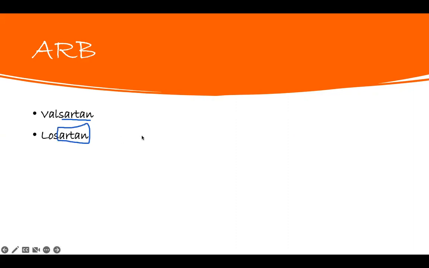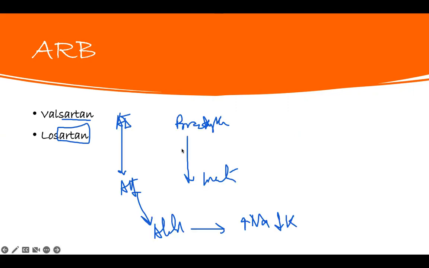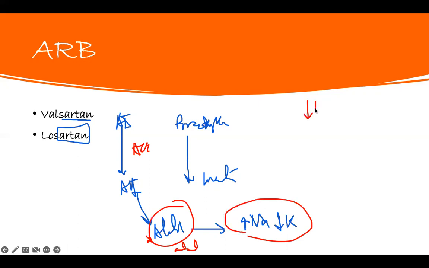And if they're going to ask you this question, it will be straightforward. So look, for ACE, it blocked this. Well, ARB said, no, I'm not blocking you. I'm coming all the way to the aldosterone. So they block aldosterone, so they allow this to take effect. They block aldosterone. Therefore, this will happen. So they cause hyponatremia, hyperkalemia. So this is why they call it orthostatic hypotension.